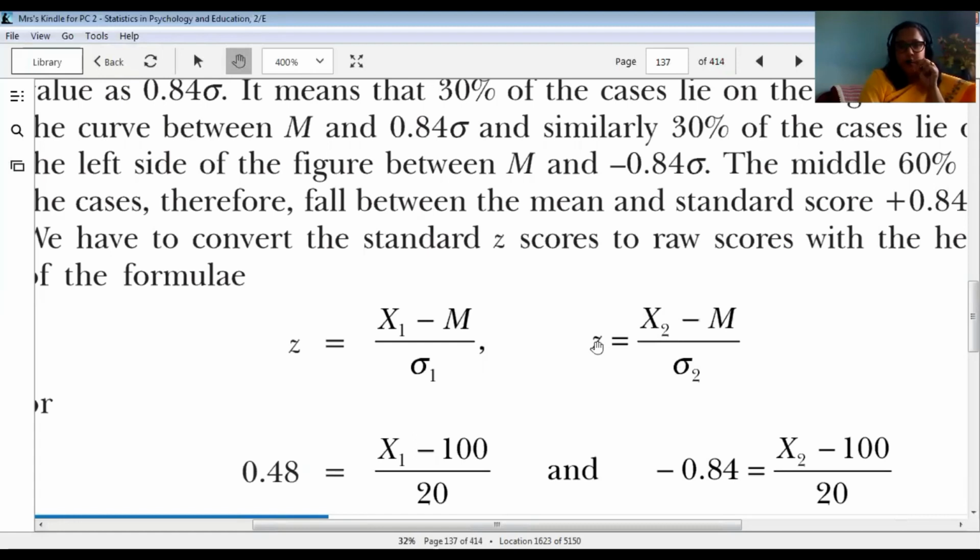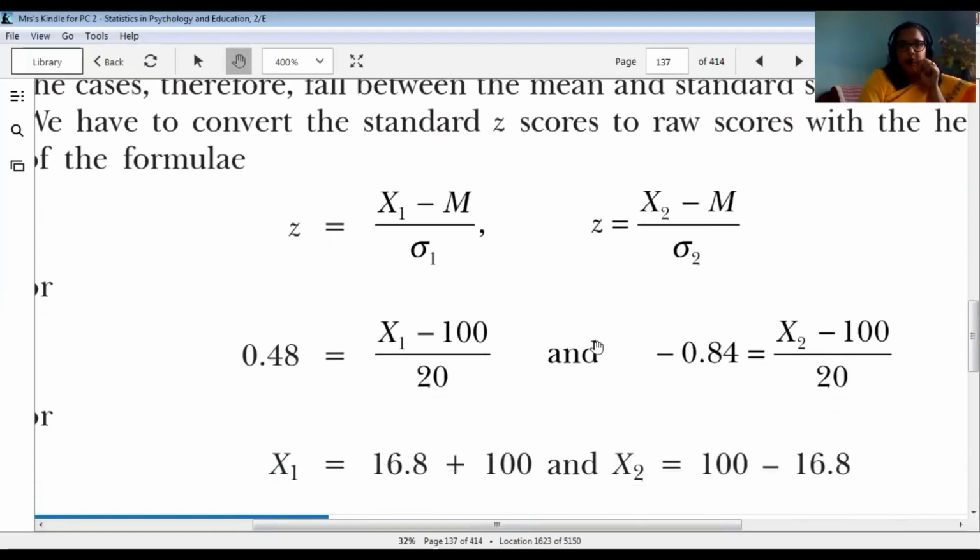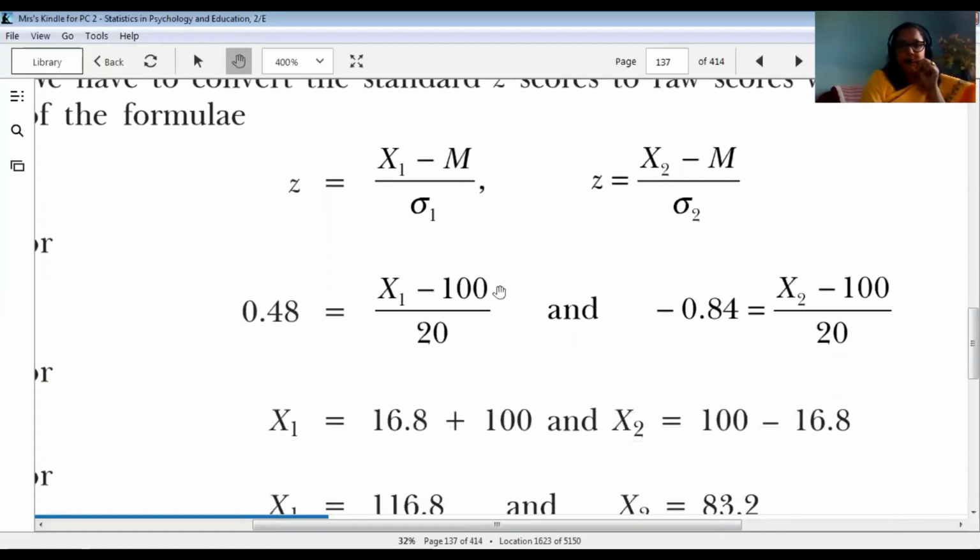Understood? Okay, so here we need to put the values in the formula, as we have two sides, both the positive side and the negative side too. So we have to put the values this way, and it is not 0.48, it is 0.84.